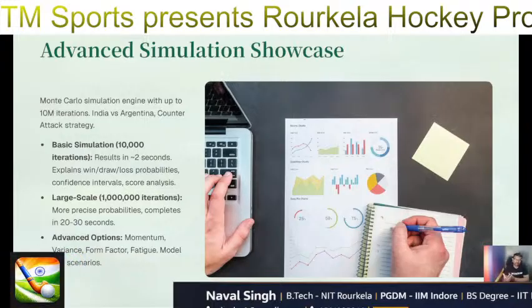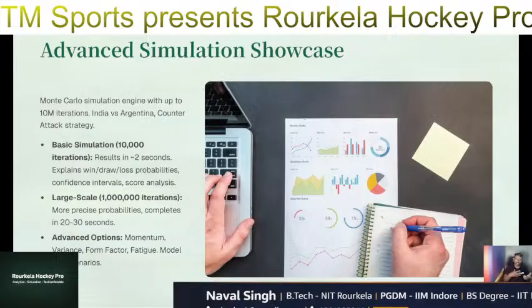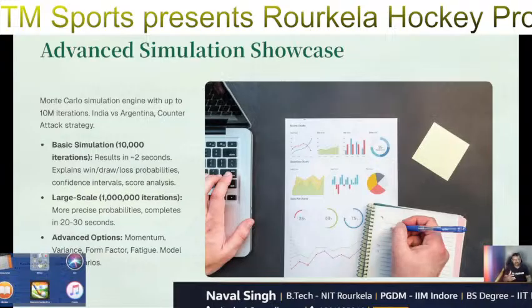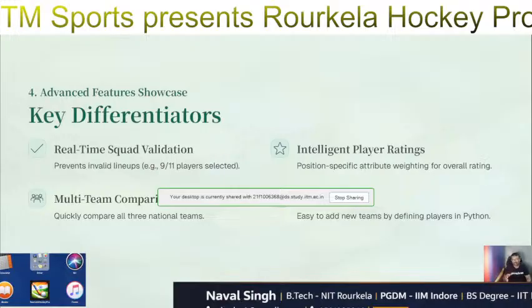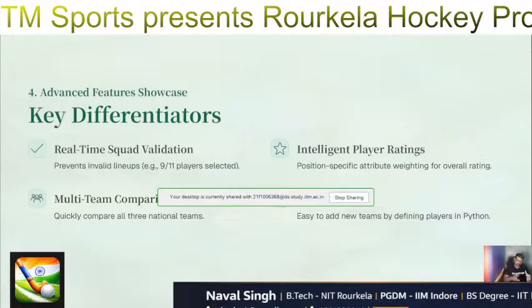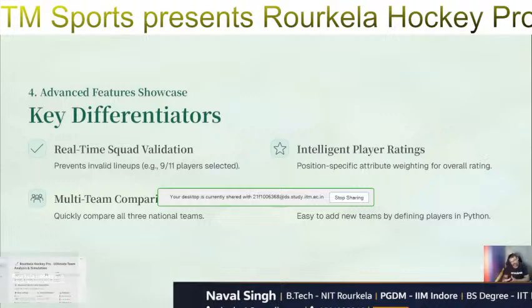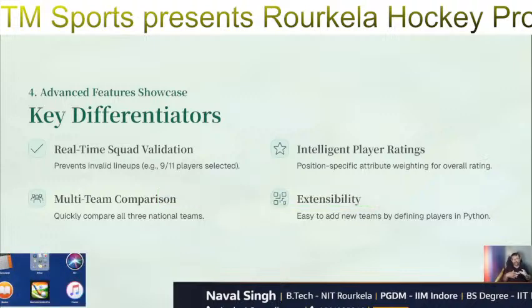We have momentum, variance, form factor, fatigue. They all help in modeling the real scenario. So the key differentiators of this simulation software as compared to others is real-time squad validation, so that it prevents any invalid lineups.